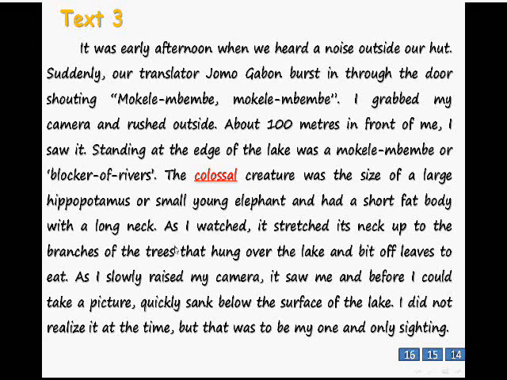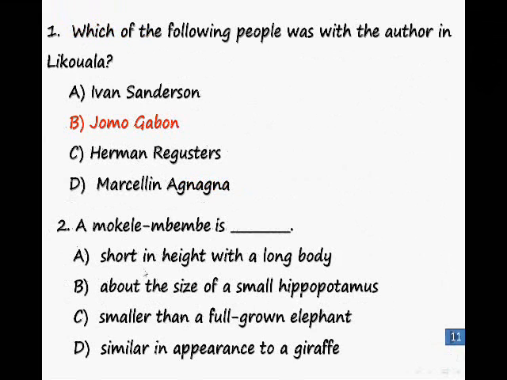Or small young elephant, and had a short fat body with a long neck. Okay, so let's go back to the question. This is the description. So which one is the correct answer? Very good. Smaller than a full-grown elephant.